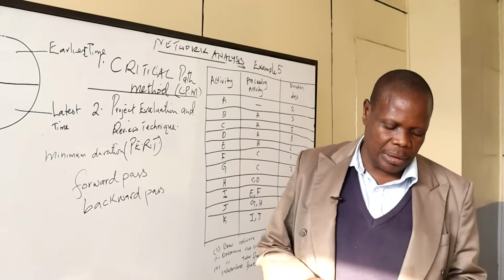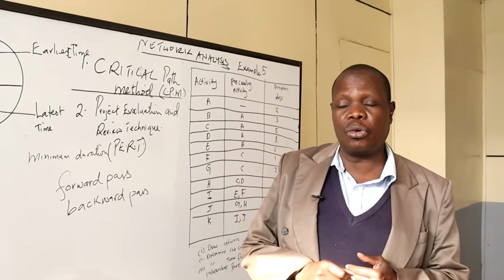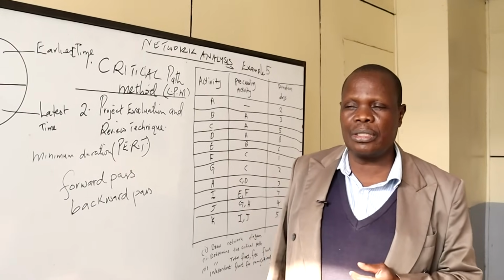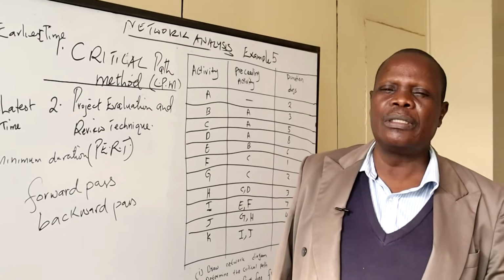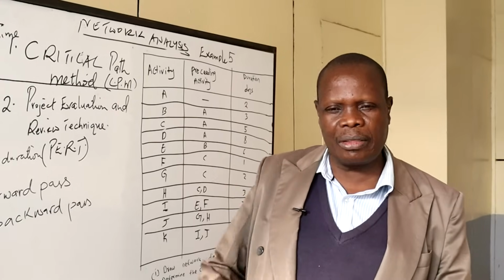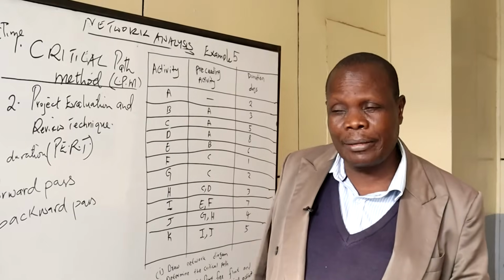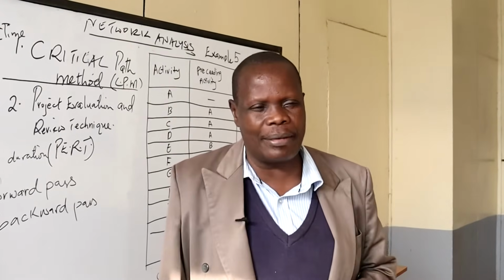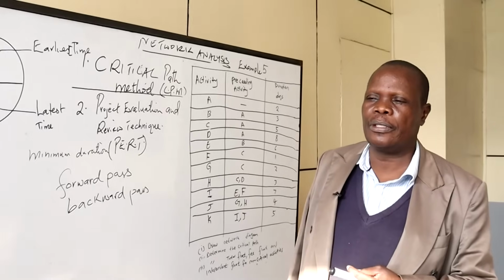One, the critical path is the longest path and contains activities and events which determine the total project duration. Then number two, the critical path is the path whereby the earliest time must be equal to the latest time for any activity that falls along that path.